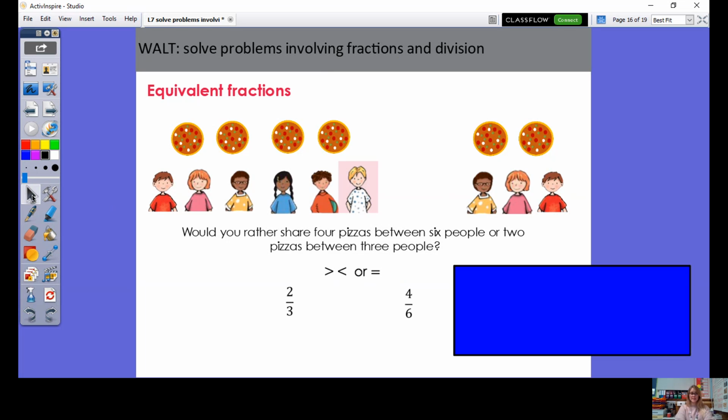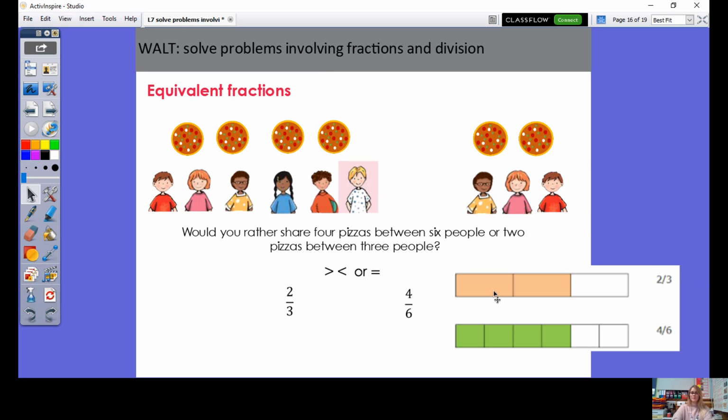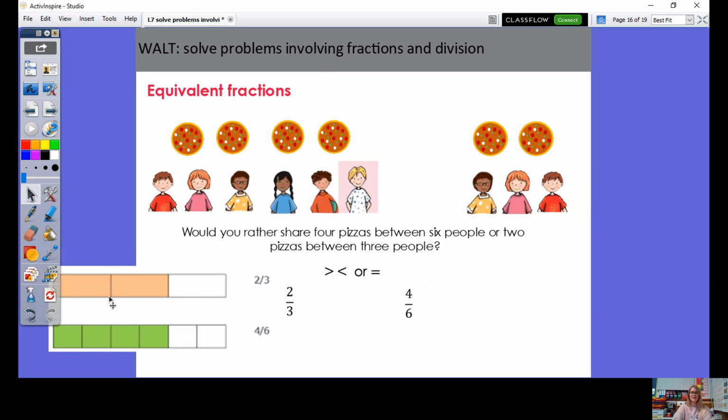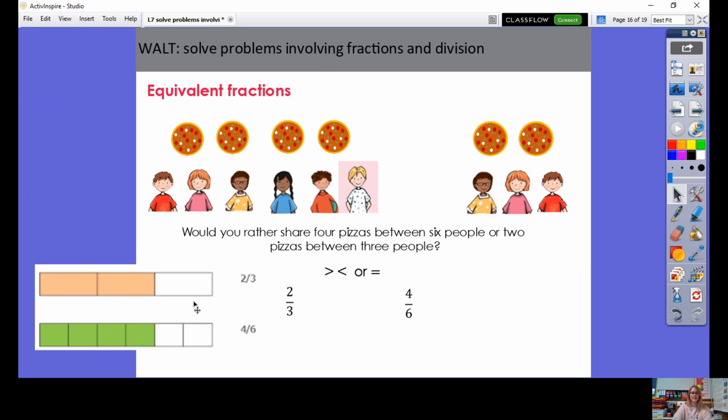So you might have spotted a pattern. I wanted to show you our bars to compare. So you can see here our bars to compare 2/3 and 4/6. What do you notice? Thinking about our fraction rules that we've been using to help us as well.